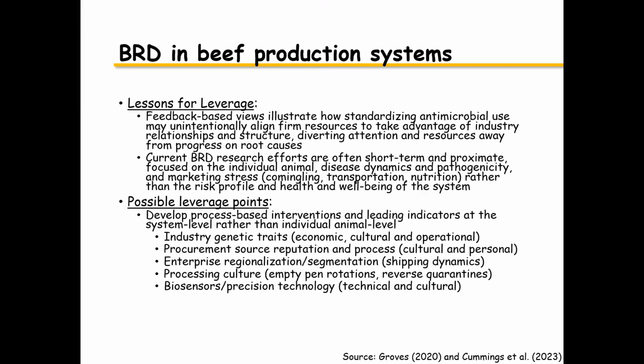So, industry genetic traits. Part of that's economic, but part of that's also cultural and operational at the industry level. What's not in the case study, but it's just an anecdote: there's a large-scale stocker operation in South Texas.